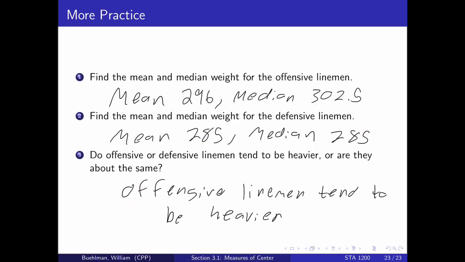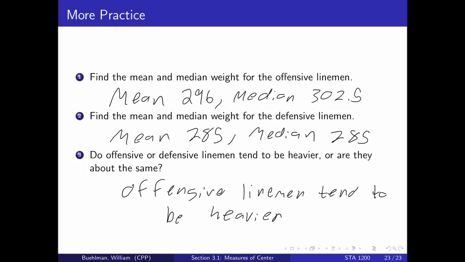Here are the answers. So the mean and the median for offensive linemen, the mean is 296, the median is 302.5. The mean and the median for defensive linemen, the mean is 285, and the median is 285. And finally, the third question, who tends to be heavier, or are they about the same?